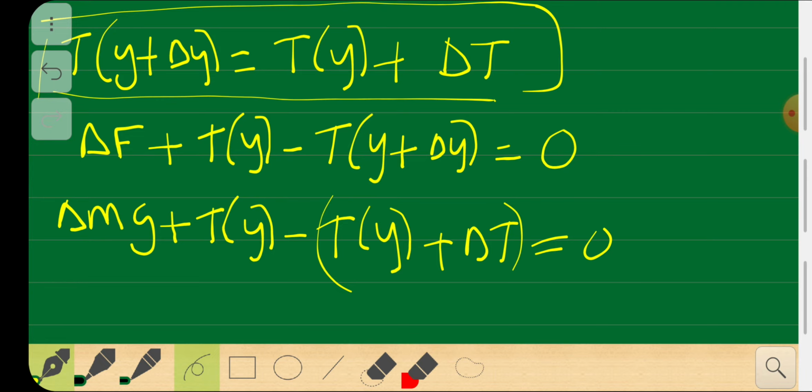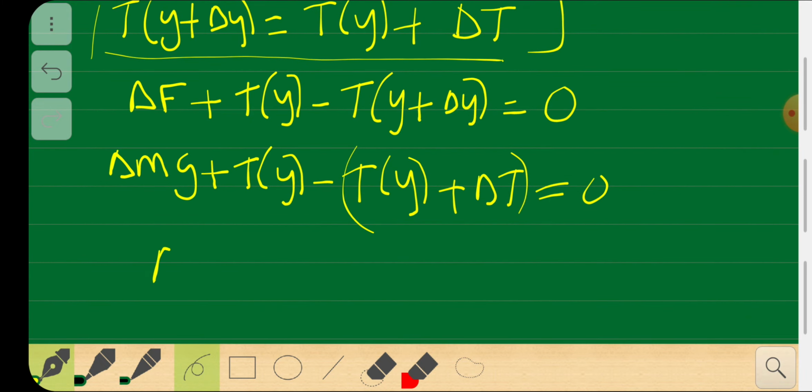So delta T must be equal to minus delta m g.